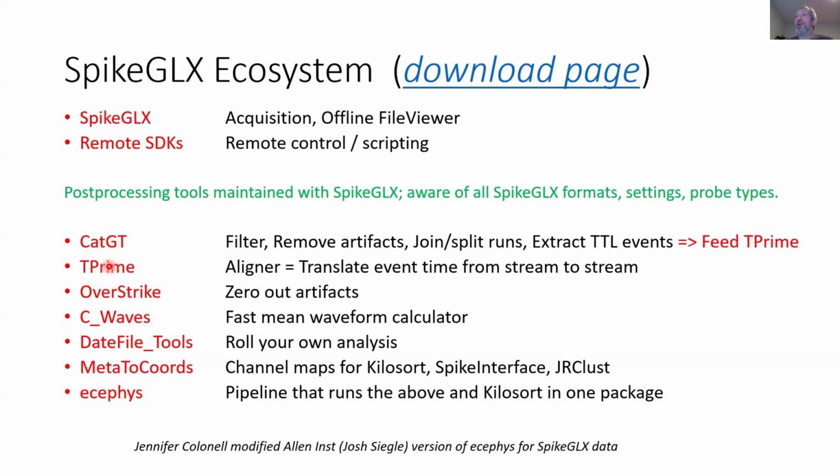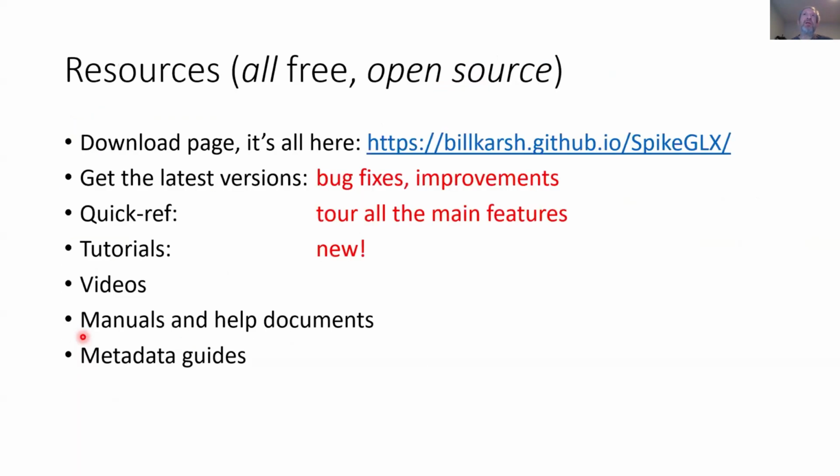I know a lot of people have this feeling that it has to have an Arduino and so on. But really, hundreds of people are using SpikeGLX to do synchronization in our standard way with extreme precision and successfully. So there are options about how you do this. Other parts of the ecosystem here are tools basically for rolling your own analysis, eliminating artifacts, doing things like that.